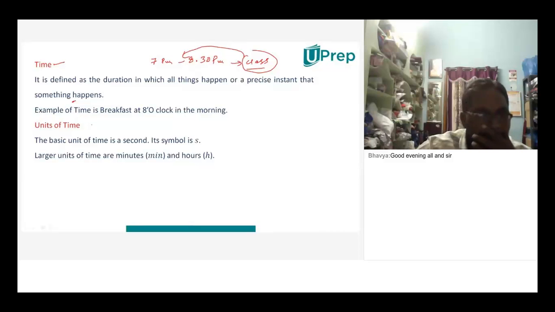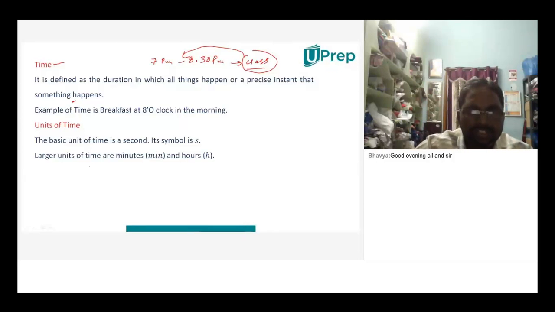And 1 hour is equal to 60 minutes. Are these the only larger units of time, minutes and hours? Sir, I don't think so. Right, very good. These are not the largest units. They are larger units when you compare with a second, but there are even larger units.